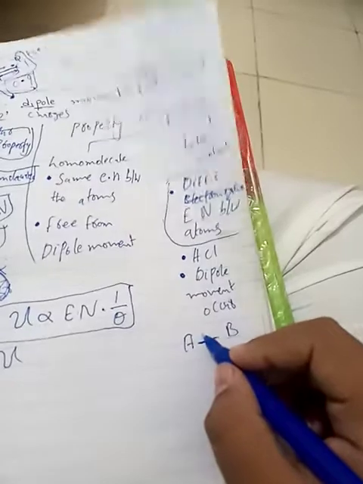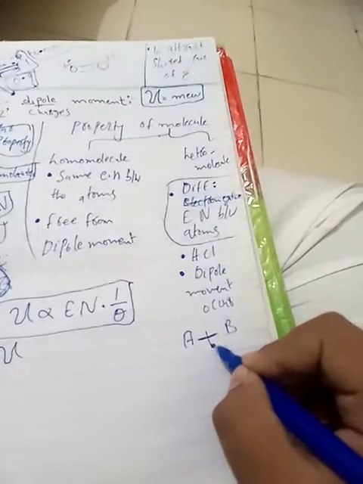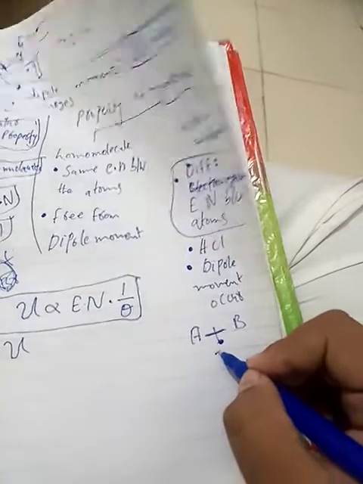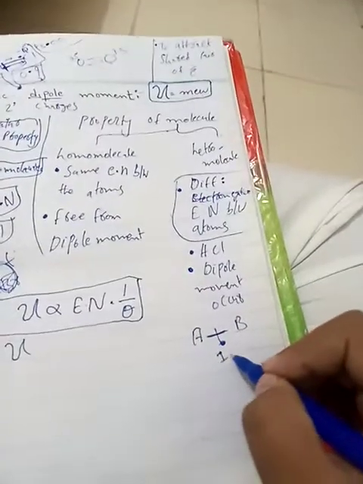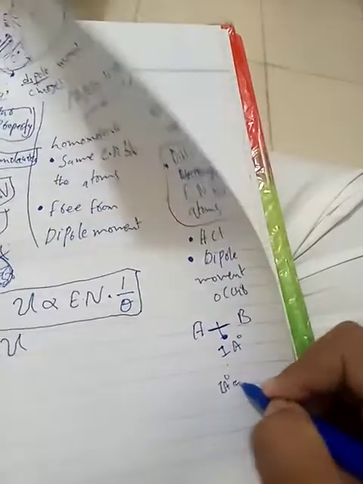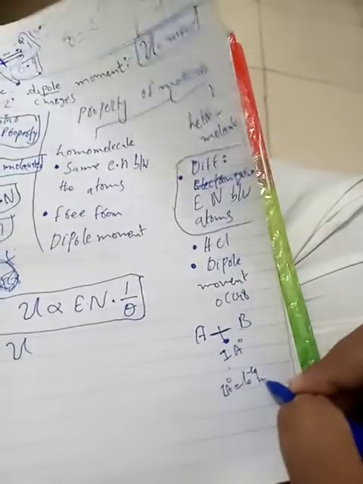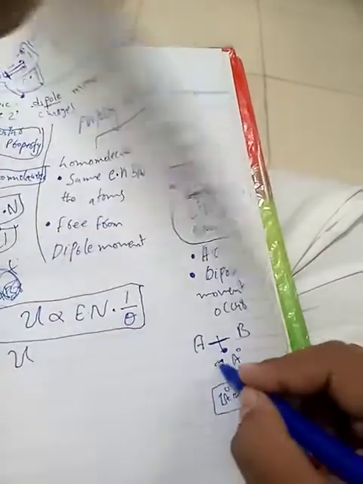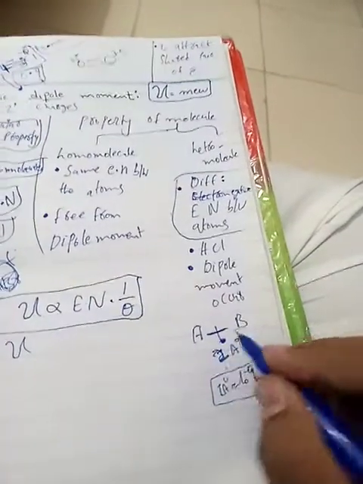For example, let's take a rough idea that they have a distance of 1 angstrom. 1 angstrom is the unit of distance, which equals 10 to the power minus 10 meter. For example, they have a distance of 2 angstrom. This is a rough idea, remember.